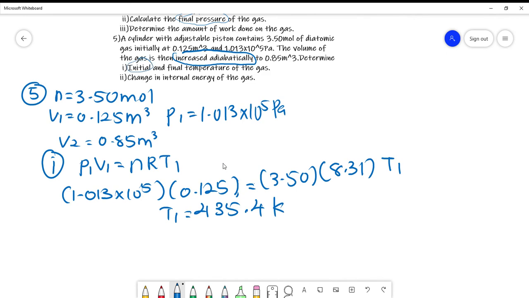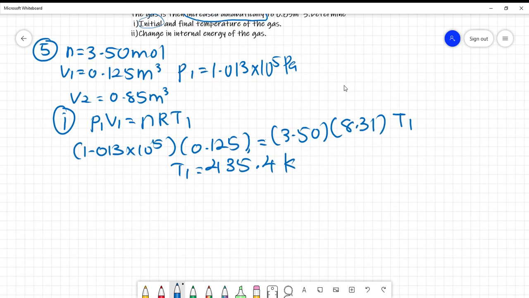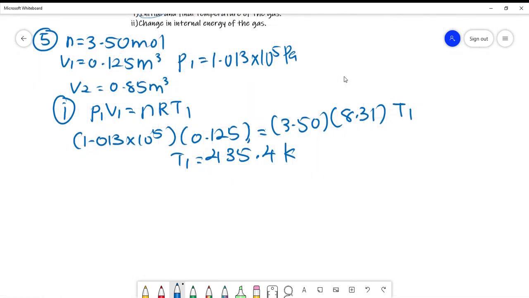So this is the initial. And what about the final temperature? We have P, we have V. Basically we can use P1 V1 to the gamma equals P2 V2 to the gamma. We have V2, and the unknown that we need to find is P2.